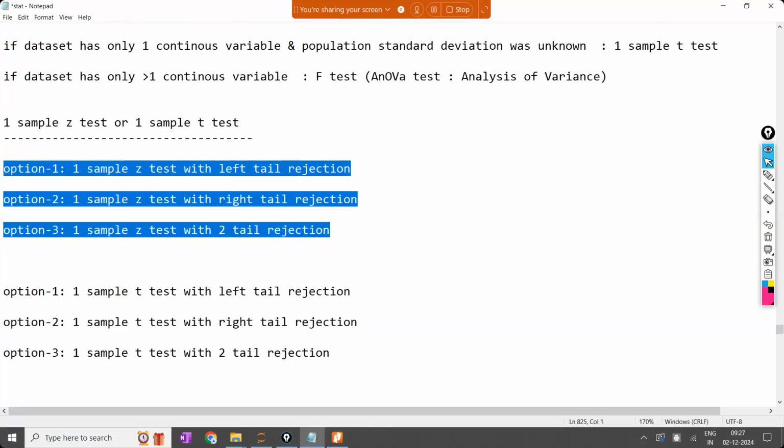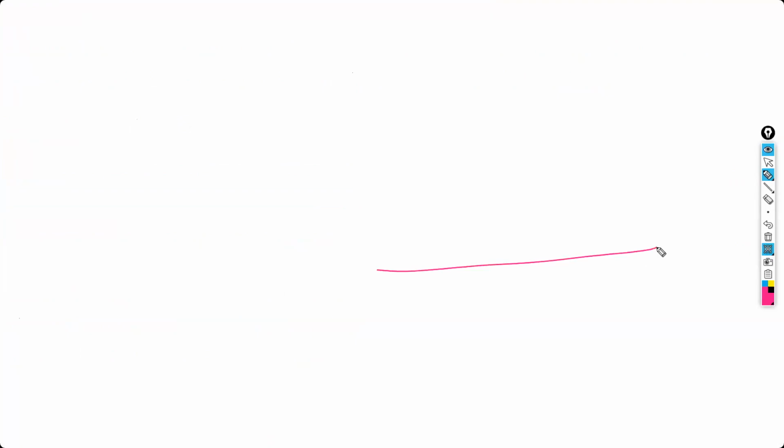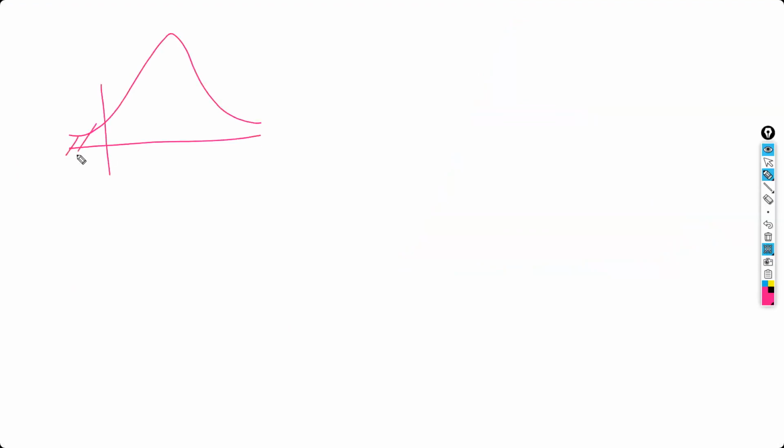Now, what is meant by this? Do you remember in the last class we discussed how to reject the null hypothesis? For example, this is your normally distributed data. In it, alpha is the level of significance at which we reject the null hypothesis. In left tail rejection, we reject the null hypothesis in the left tail like this.